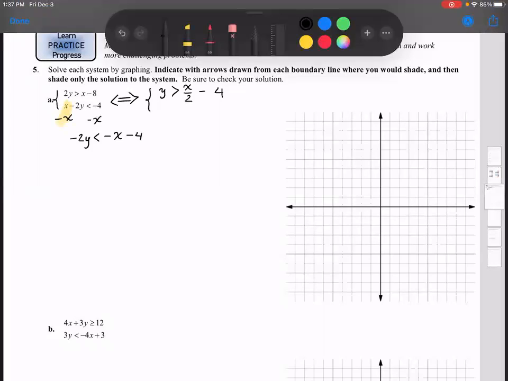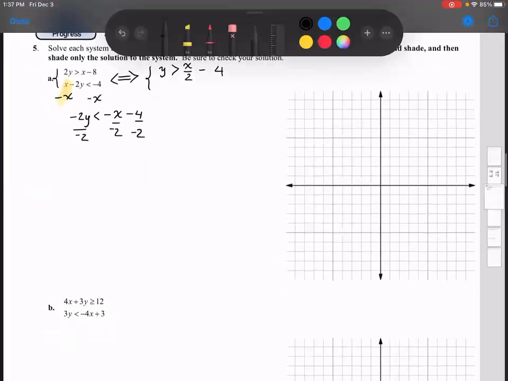What do I do next? Divide both sides by negative 2, right? When you divide both sides by negative 2, what happened? On the left-hand side, that's just y.